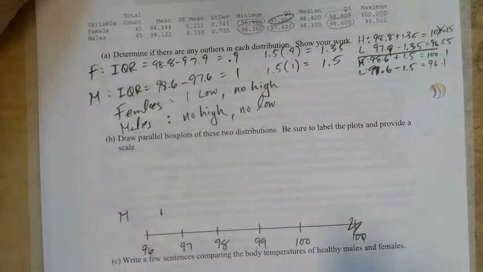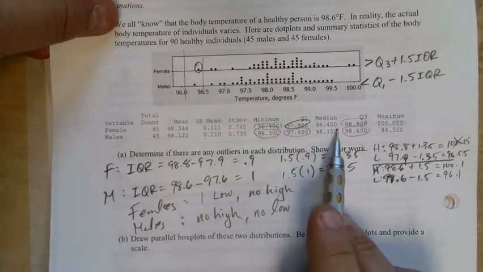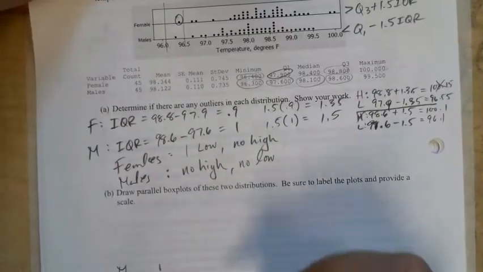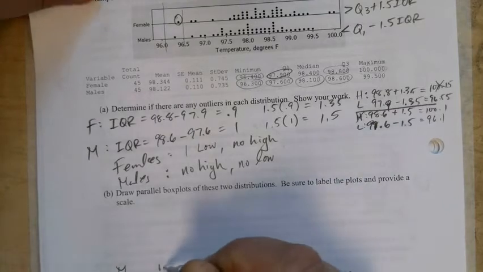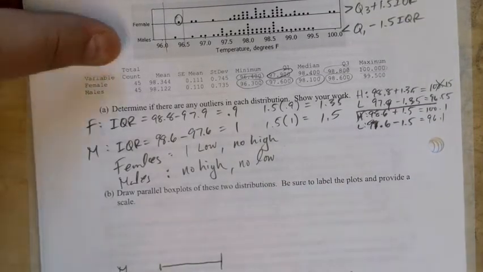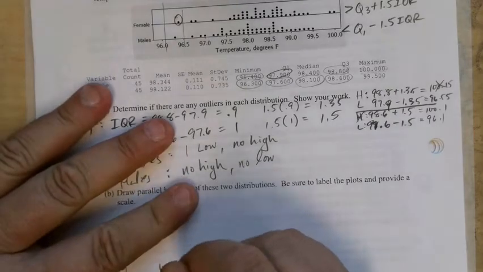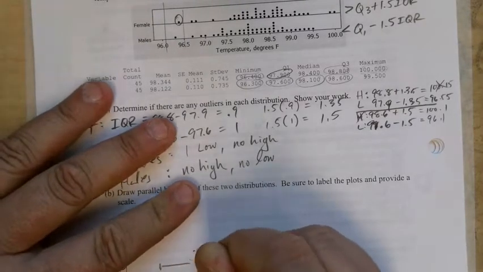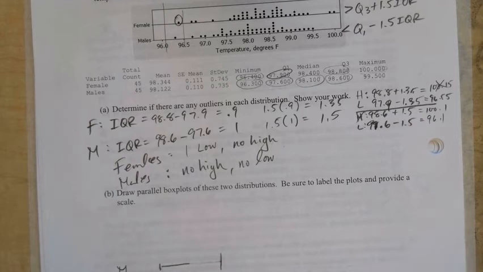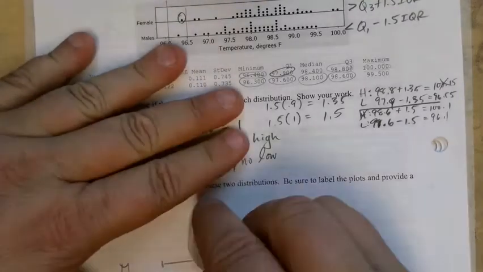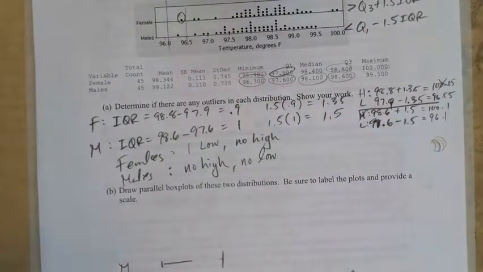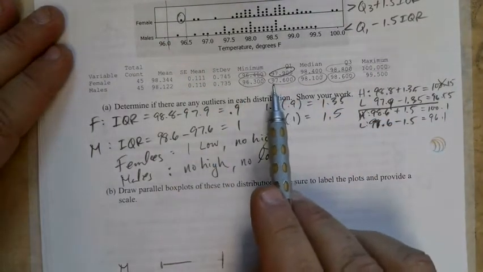I'm going to do the median now. The median for males is 98.1. So 98.1 is right there. Oh, that's the median, not the quartile. What's the first quartile for males? First quartile for males, because that's the first part of the box, right? 97.6.